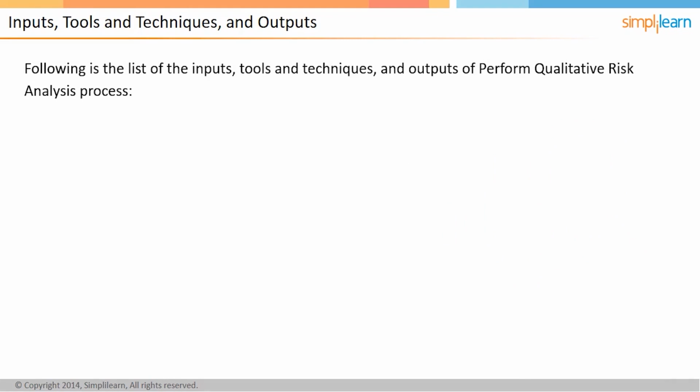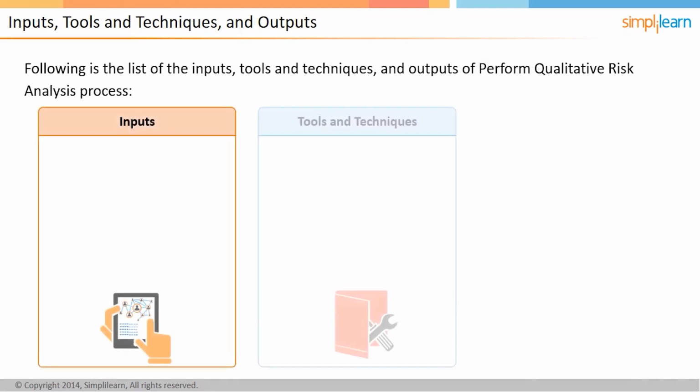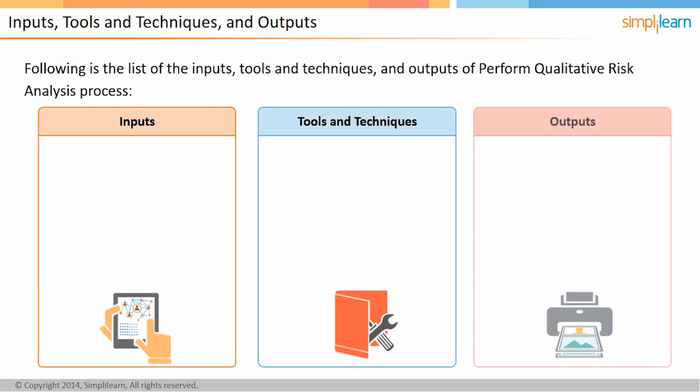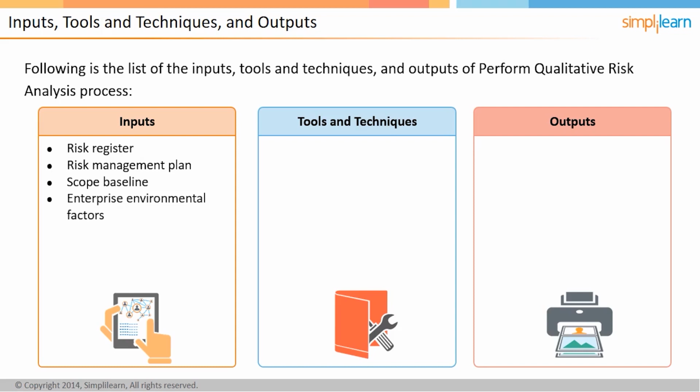In this screen, we will list out the inputs, tools and techniques, and outputs of Perform Qualitative Risk Analysis process. The inputs are Risk Register, Risk Management Plan, Scope Baseline, Enterprise Environmental Factors, and Organizational Process Assets.